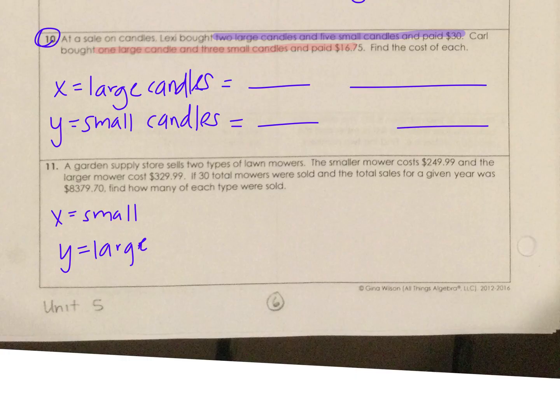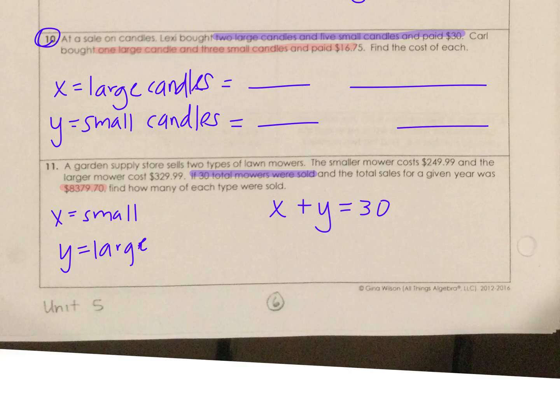It says a total of 30 mowers were sold. So I don't know how many of each, but I know if we added all the X's plus all the Y's, we would get 30. The total sales for the given year was $8,379.70.